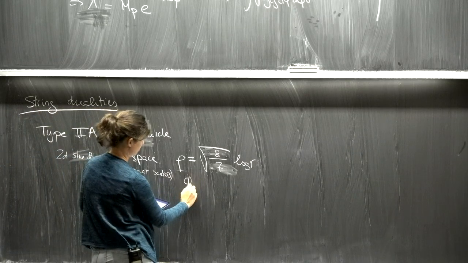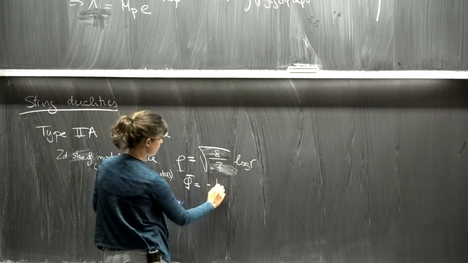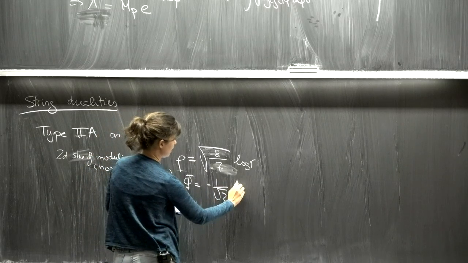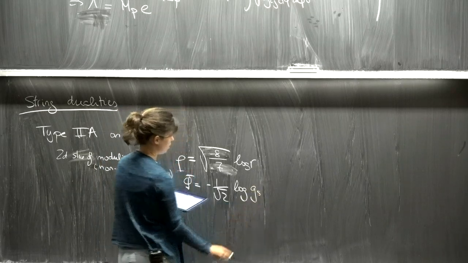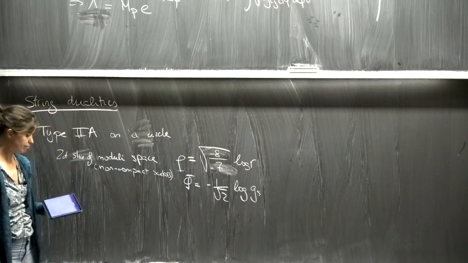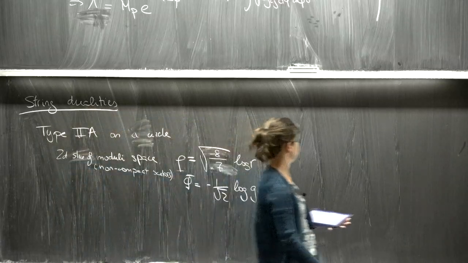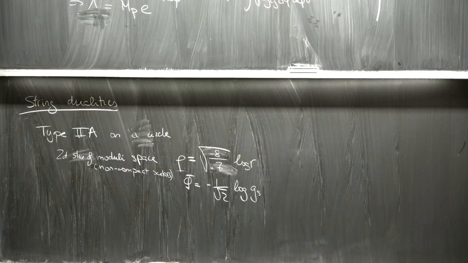So just to write again the conventions, the canonically normalized dilaton was given by log g_s. Okay, we continue here. So we're interested in the infinite distance limits.